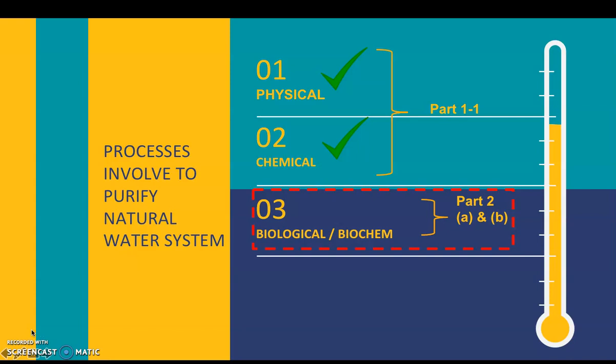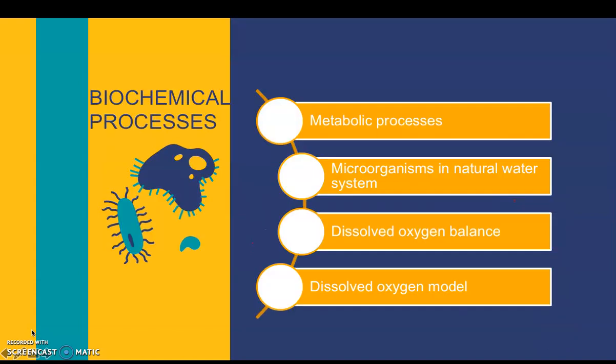For this lecture note, I'm going to cover biochemical processes in water purification in natural system. Previously, we have covered the first two parts, which are the physical and chemical processes. Except for pathogens, organic matter in water is generally not harmful, but it may be considered a pollutant since bacterial decomposition generates oxygen depletion.